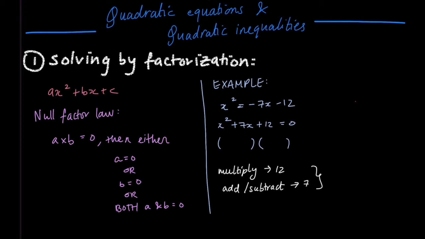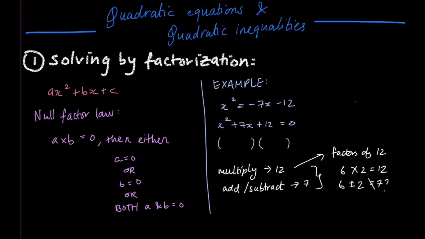And the way we can do this is we look at factors of 12. So what do we know? What multiples do we have of 12? We know there's 6, right? 6 times 2 is equal to 12. But is 6 plus or minus 2 equal to 7?